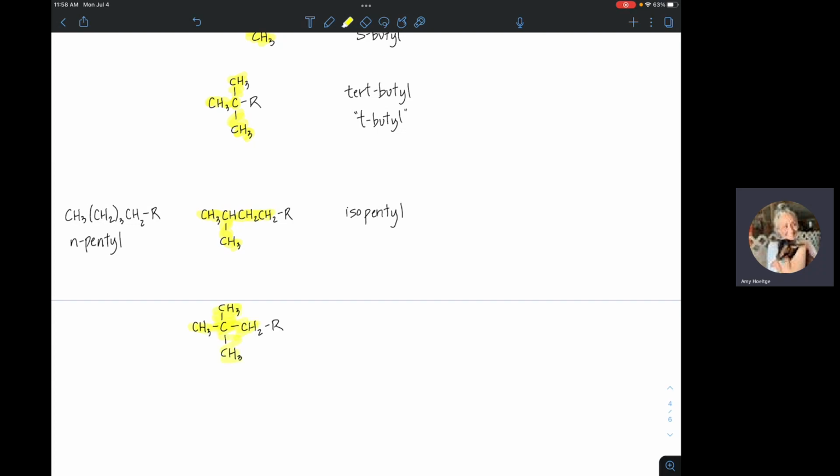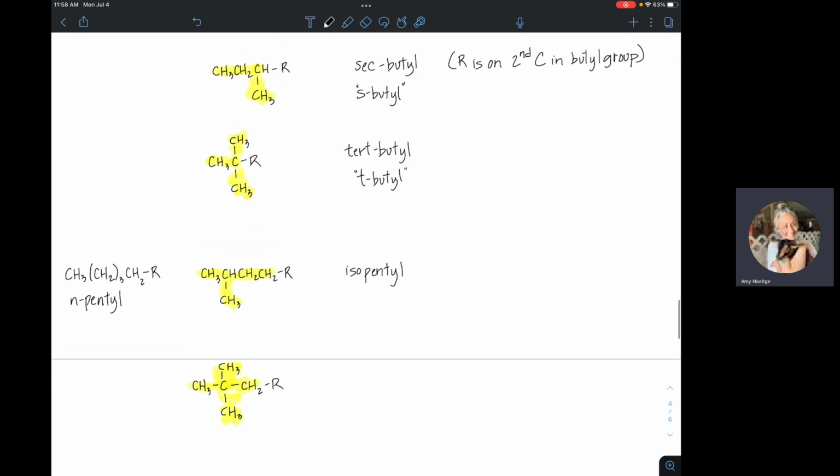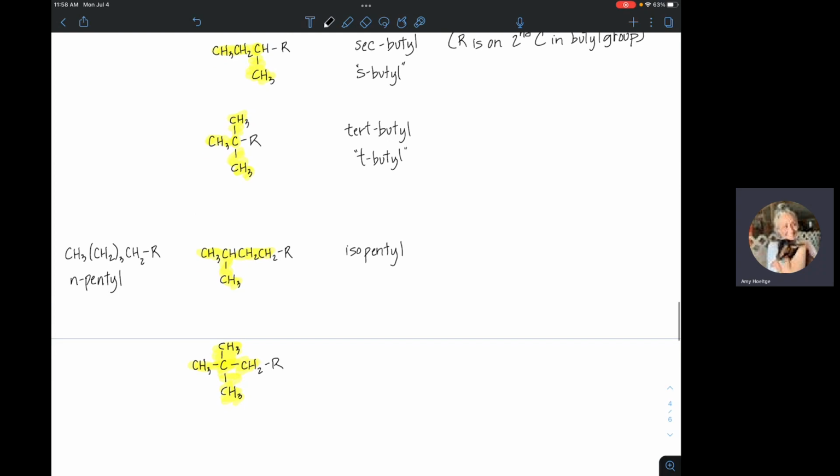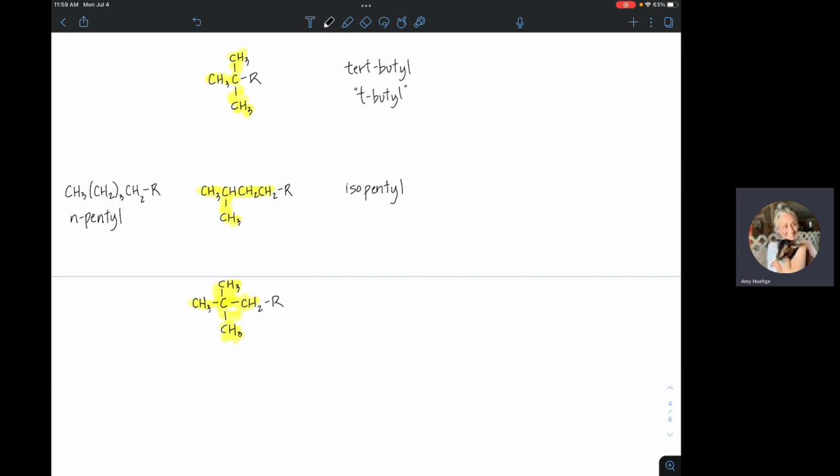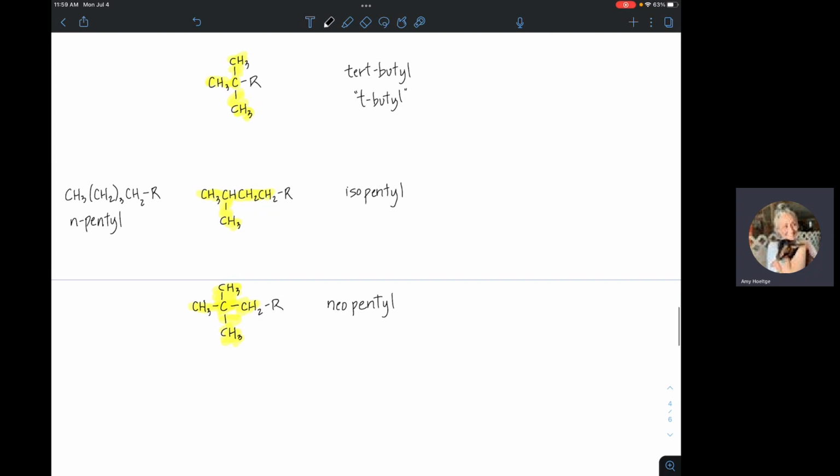They're just arranged a little bit differently. The common name for that particular setup, because remember, it looks a little bit like t-butyl, right? But I have an extra carbon, is neopentyl. Okay.